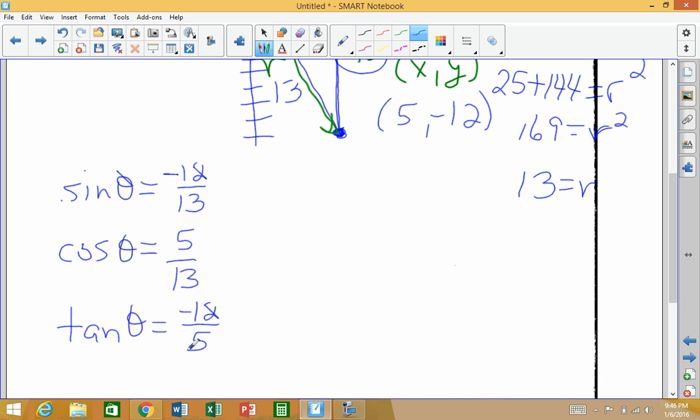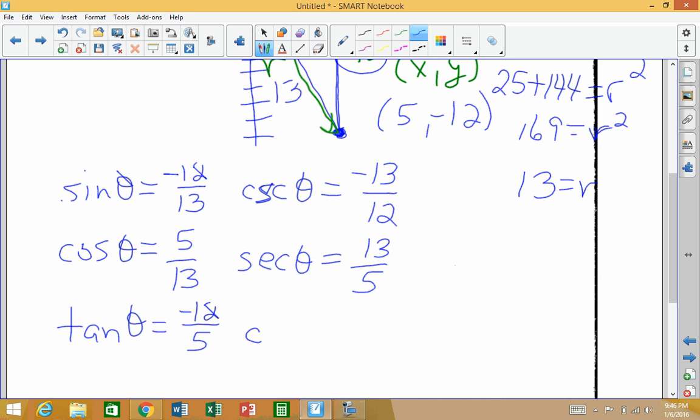Looking at the reciprocals, cosecant is going to be -13 over 12. Remember, we're just reciprocating. The secant, 13 over 5, and the cotangent, -5 over 12.